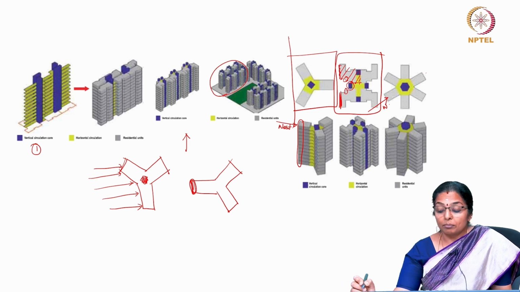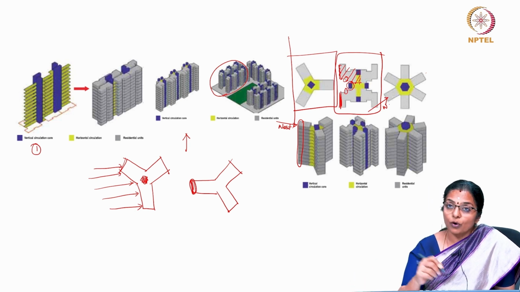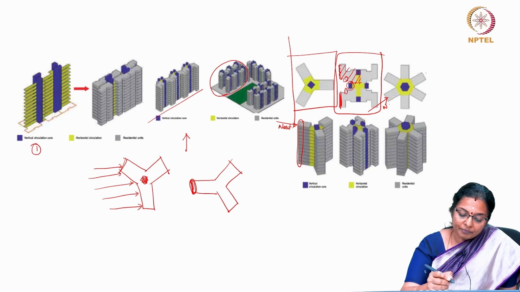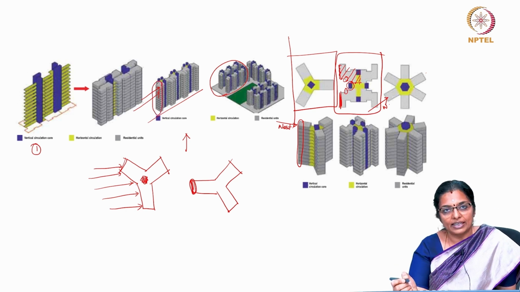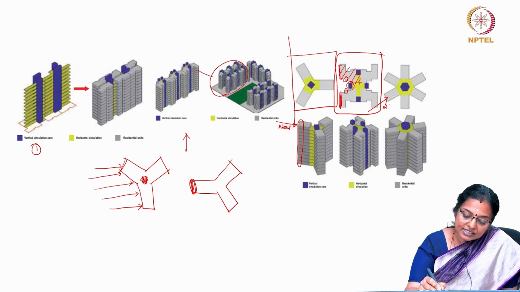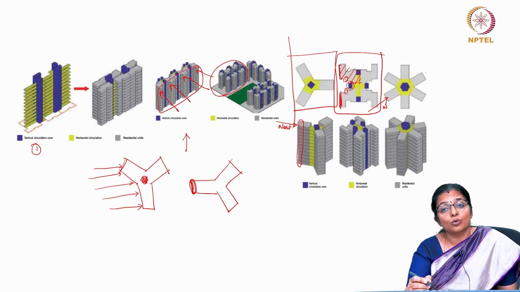Now, if we are to consider a combination of form and orientation, if you look at this example, if this is the western surface, you would notice that all the houses here are going to get affected. But if this is the western surface, then you would notice that almost all the houses along this would be affected with the direct solar radiation.